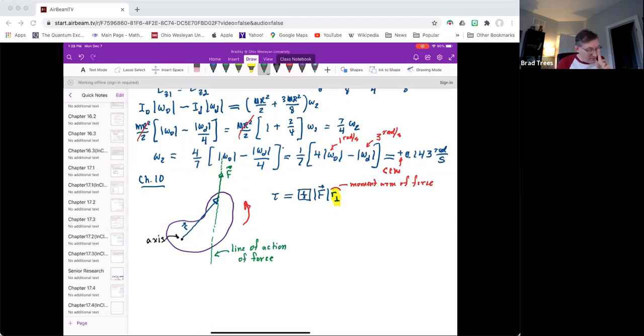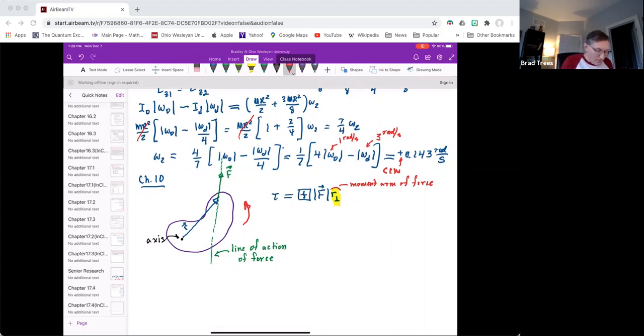Because now, here comes the moment arm. R perp, R perpendicular. It is the moment arm, the perpendicular distance from the axis of rotation to the line of action. So you have to be able to draw a line from the axis to the line of action that intercepts the line of action at a 90-degree angle.